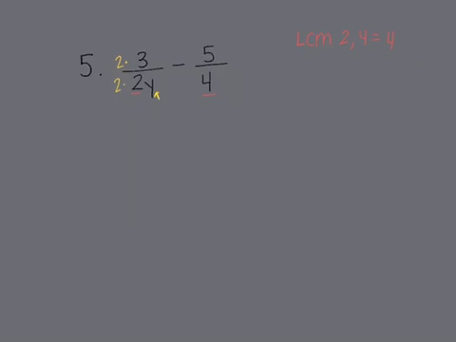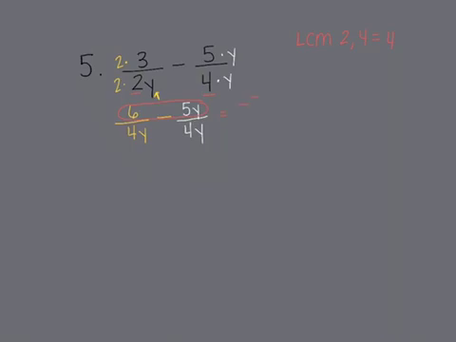So that gives me 6 over 4y. Now the second one has the 4, but it doesn't have the y. So I'm going to multiply top and bottom by y. So that gives me 5y over 4y. Now I'm going to combine my numerators.